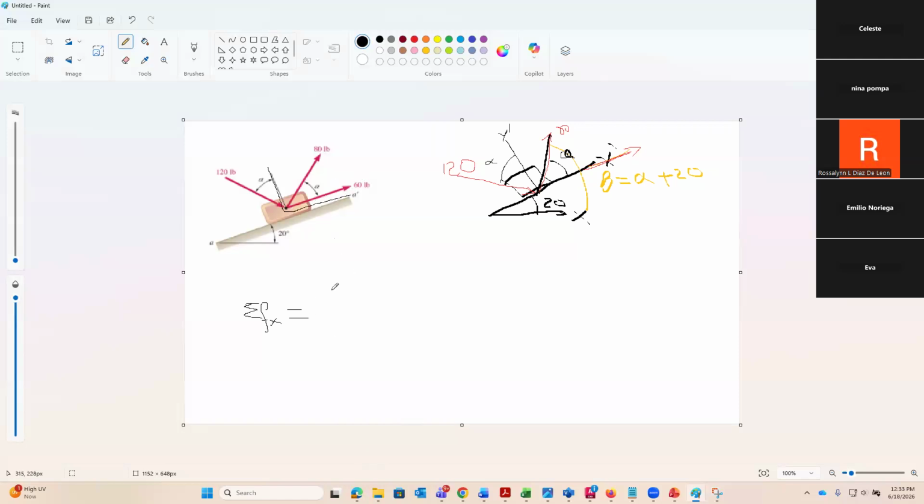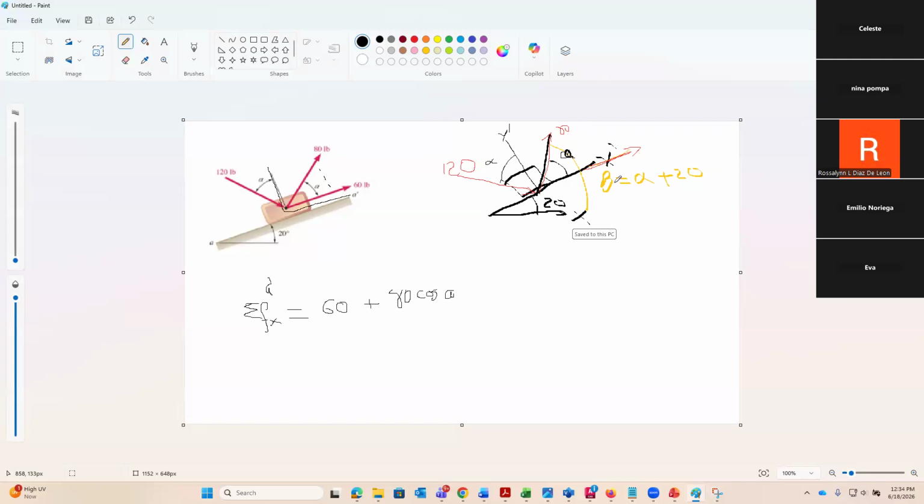So it will be 60, right? Because it's on the x prime. This is with respect to x prime. When you choose x prime or x, it depends on how you feel more comfortable. Plus this component, which is 80 cosine of alpha, which is what they're asking for.